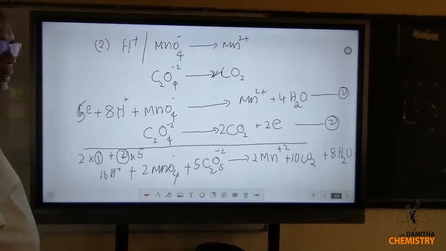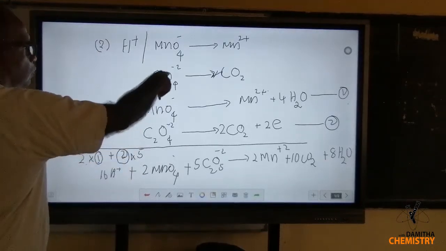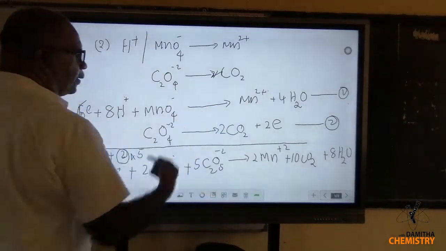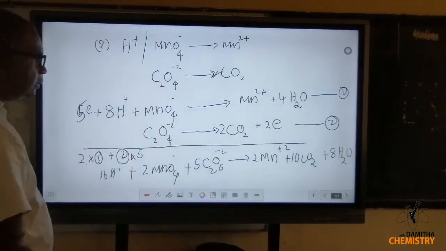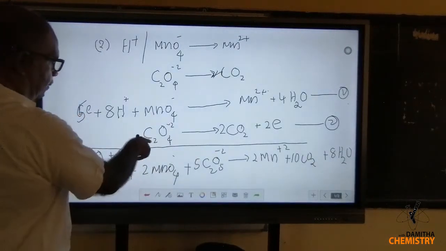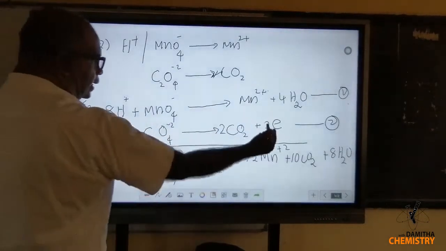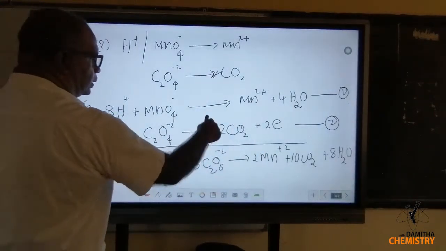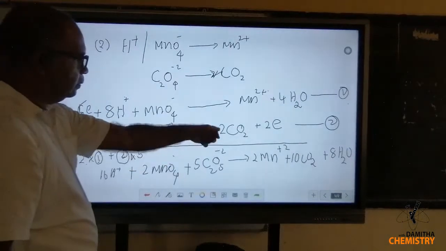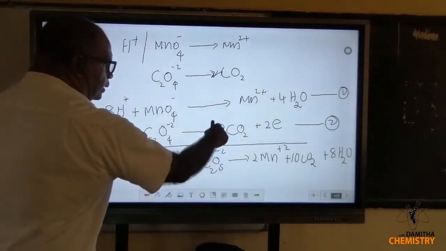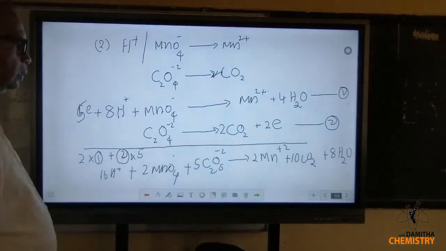Now the second equation: C2O4 2- gives carbon dioxide. The main element carbon is 2 on the left and 1 on the right, so put 2 here. Then carbon is okay. Oxygen is okay, 2 into 2 is 4.